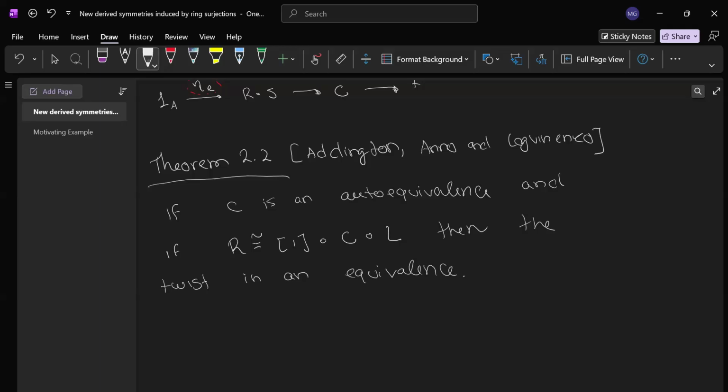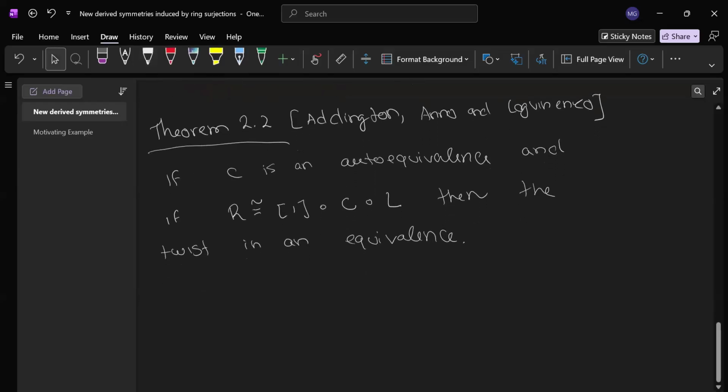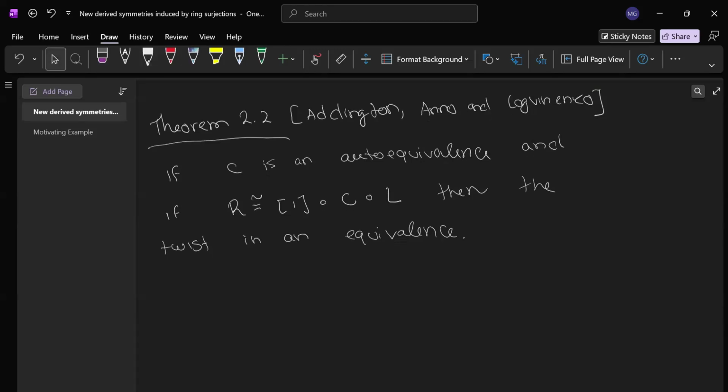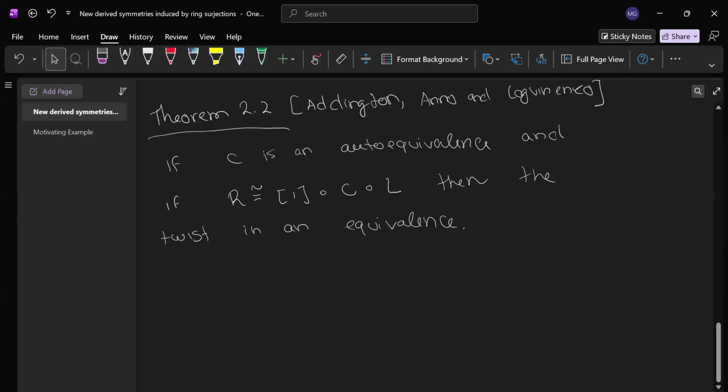And this is what we're going to use in this talk. We're going to deduce that our functor is an equivalence by knowing that the cotwist is an autoequivalence, as we'll see soon.